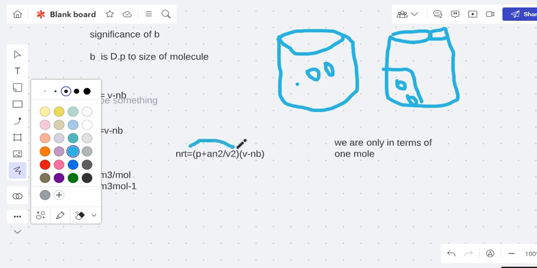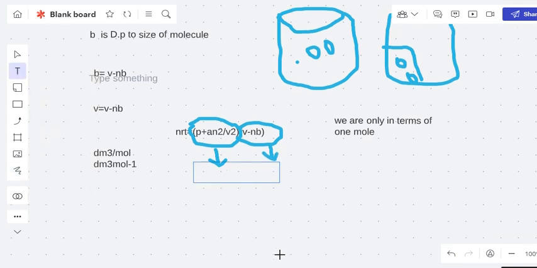This part means correction in pressure, and this part means correction in volume. Let's write it here.